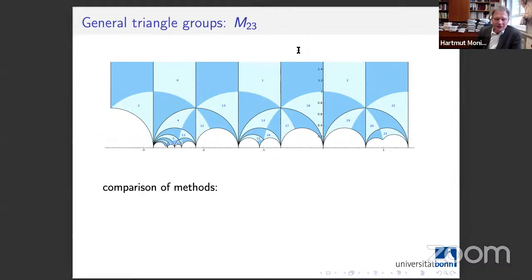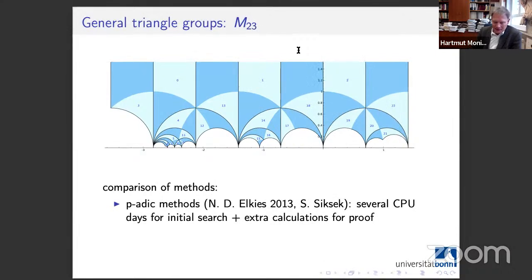Now, for more general triangle groups, you can play a similar game. You have to work over a number field to get these more complicated general triangle groups. But you can, for example, compare that to a method by Elkies. If you use p-adic methods, they calculated the Belyi map for M23, which took with the p-adic methods several CPU days for the initial search.